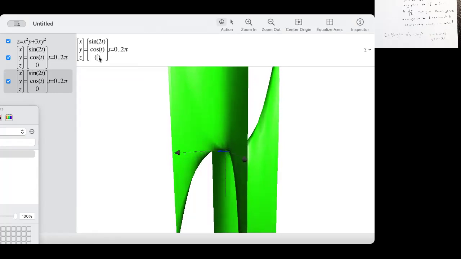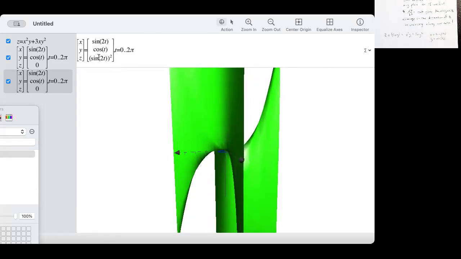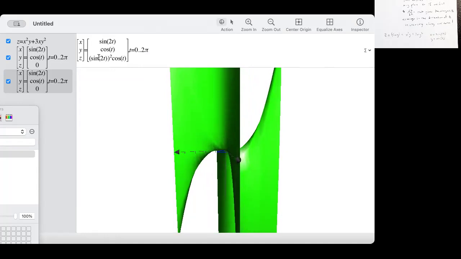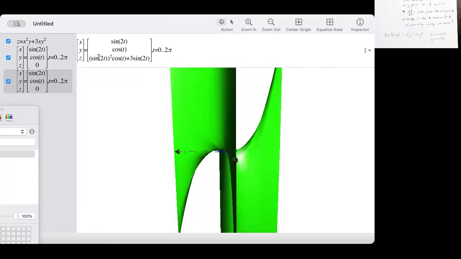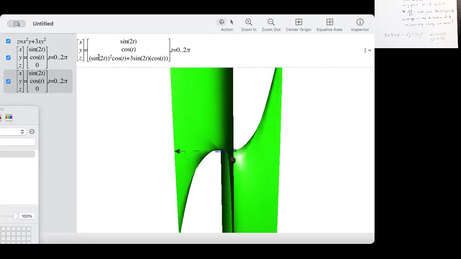We have x squared, so that's sine of 2t all squared times cosine of t plus 3 sine 2t parentheses cosine of t squared.